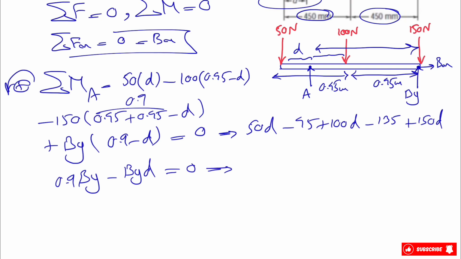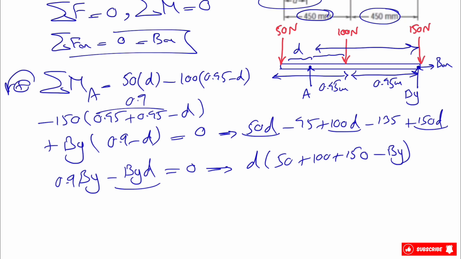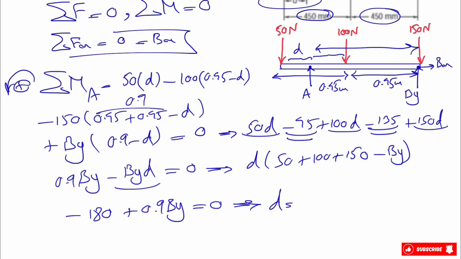Let's find the terms that have D. If we factor D, we have 50 plus 100 plus 150 minus By, and the rest will be minus 45 minus 135, which is minus 180, plus 0.9By equals 0. From here we can find D based on By.